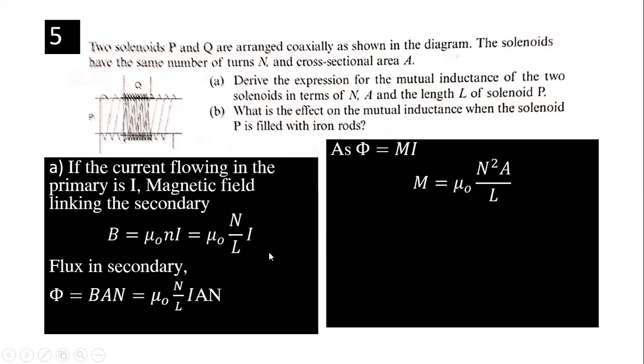What is the effect on mutual inductance when the solenoid P is filled with an iron core, iron rod? Okay, what is going to happen to M if you use an iron rod?